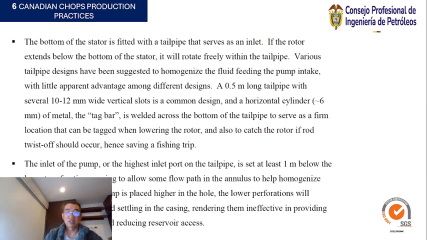If the pump is placed higher in the hole, the lower perforations will become blocked with sand settling in the casing, rendering them ineffective in providing slurry to the wellbore, thus reducing reservoir access.